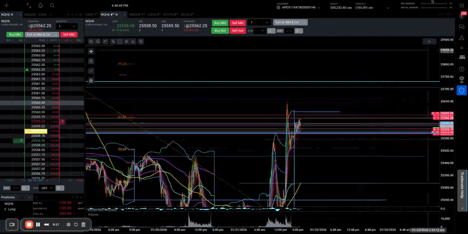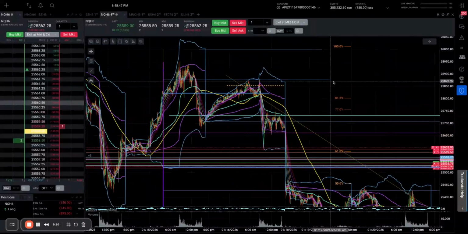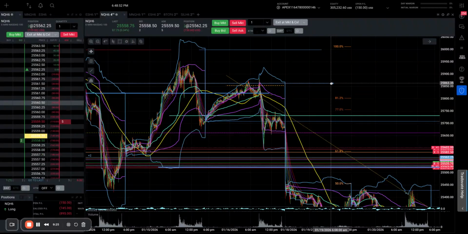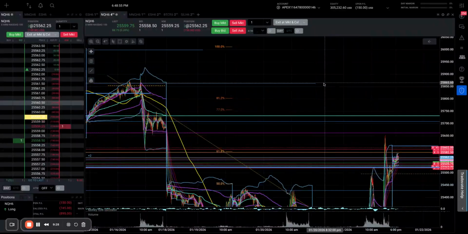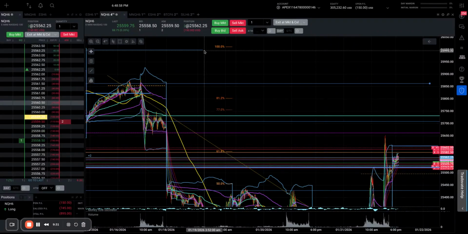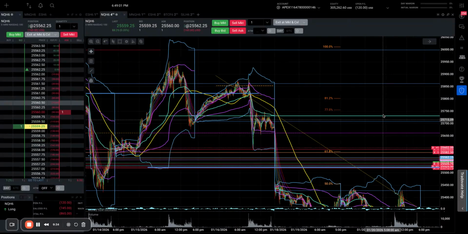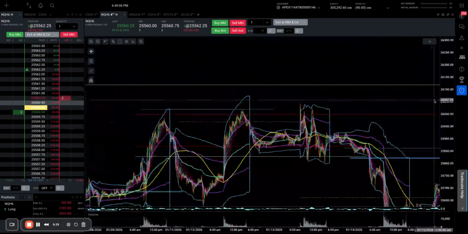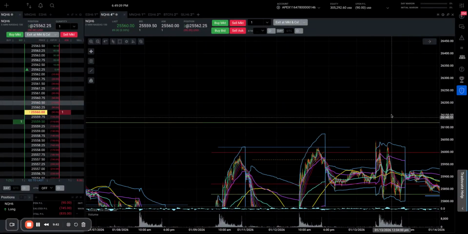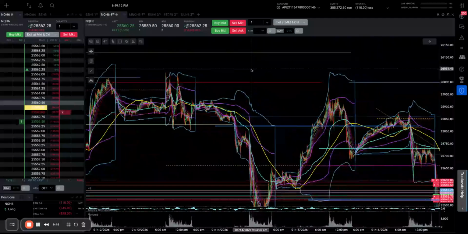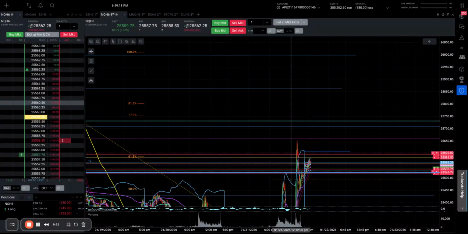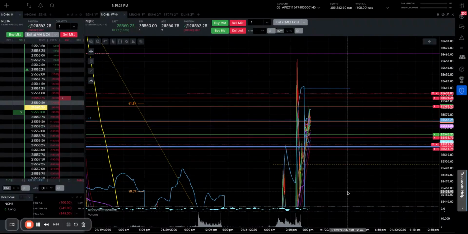If we don't bust out Friday and keep going, back up here into these zones, by next week or Friday maybe, and then range in here for a couple days after we do that, and then maybe even get up into this area, back up close to all-time highs, or maybe even go a little higher. And then when the government shutdown hits, boom, then we go back down again.